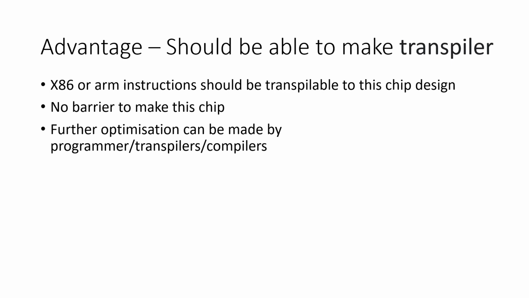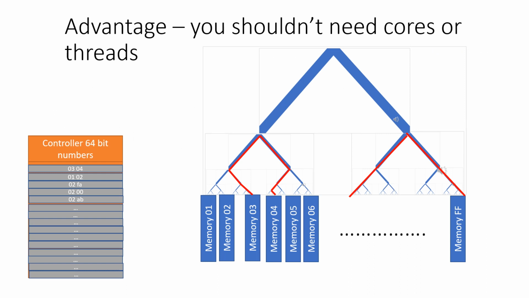I think this is an interesting one, and I might be wrong about this for some complicated OS reason, but you shouldn't really need cores or threads, and you can virtually implement them. So rather than having to manually specify, if you just put memory of this task over here on the operating system, and you put memory of this task over here, they should never ever interact.